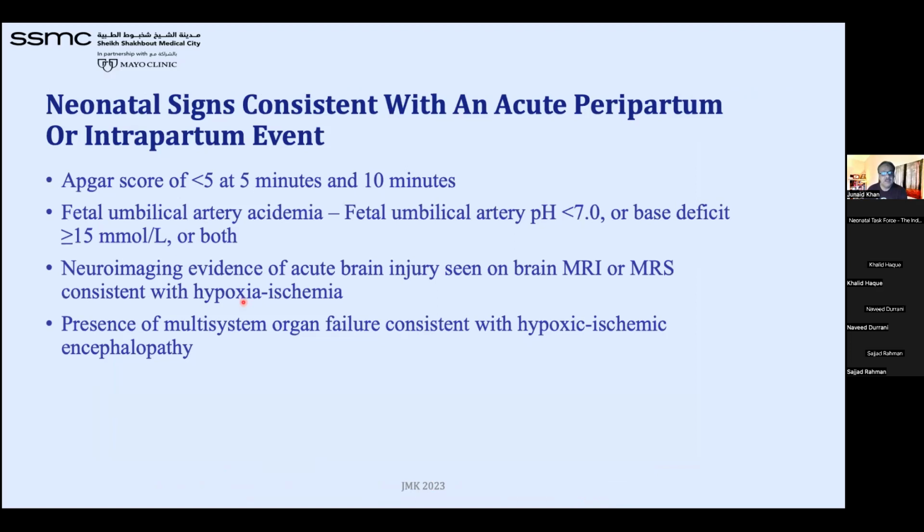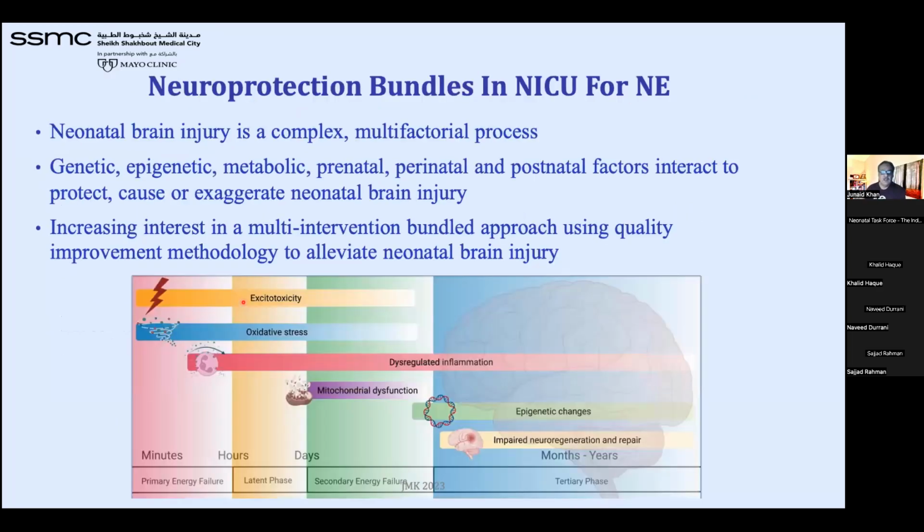So these are the criteria and the neonatal signs consistent with a peripartum or intrapartum event. We already discussed that. Now, what can we do if we don't have cooling, or cooling is not feasible? This diagram everybody knows.